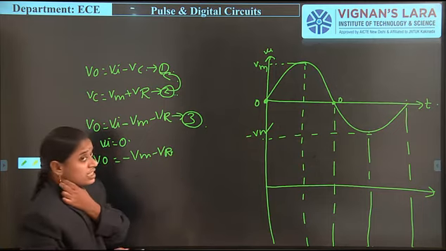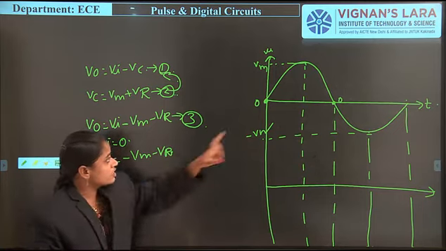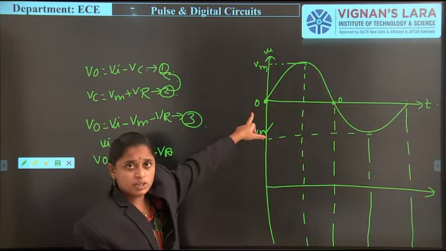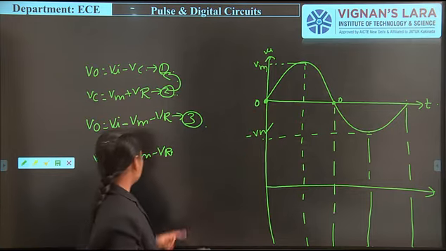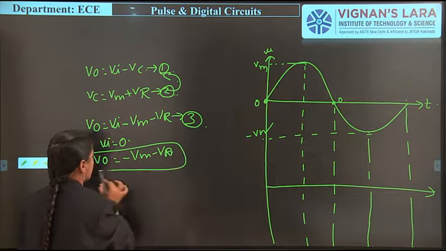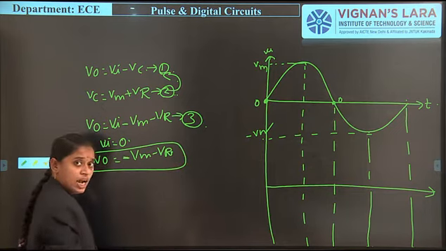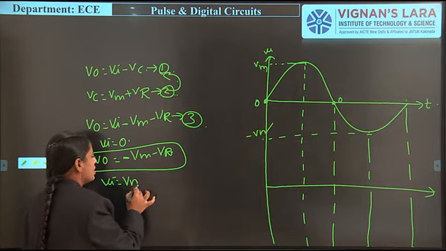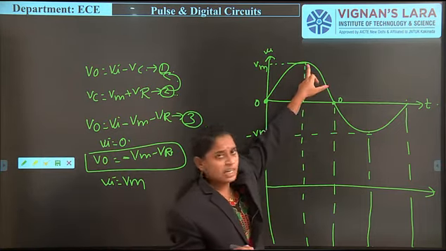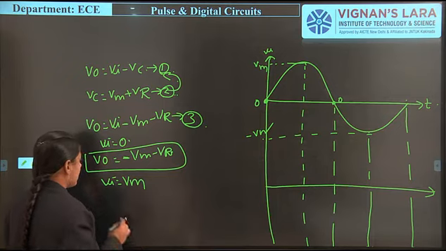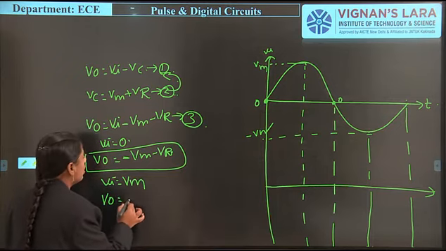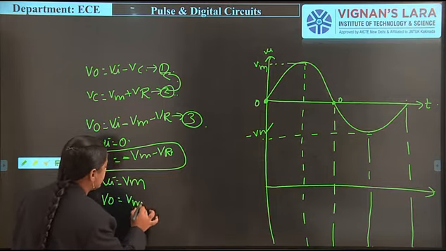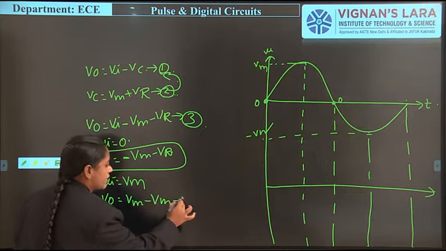So when Vi is equal to 0, the output will be minus Vm minus Vr. The second condition is Vi is equal to Vm. When the input signal reaches Vm, then V naught is equal to Vm minus Vm minus Vr.